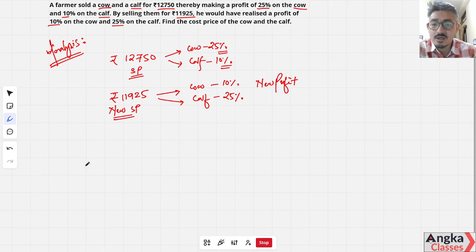Let us analyze and decide on the approach for the question. First of all, let us take the cow. Let the cost price of the cow be x and the cost price of the calf be y.